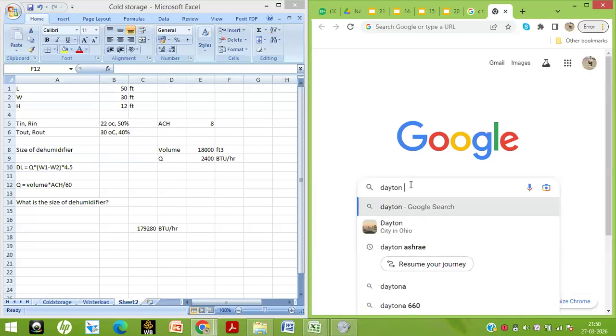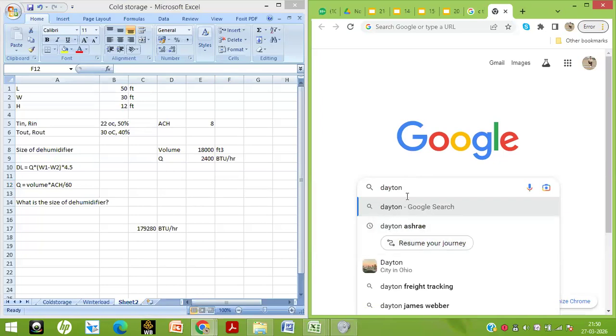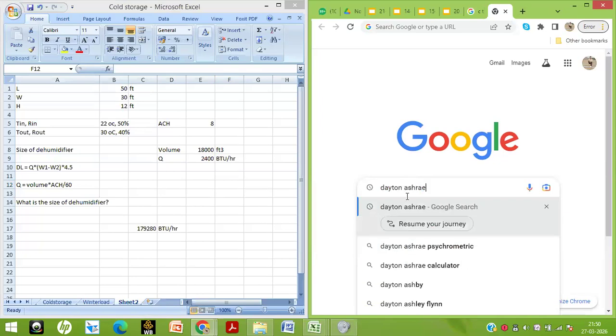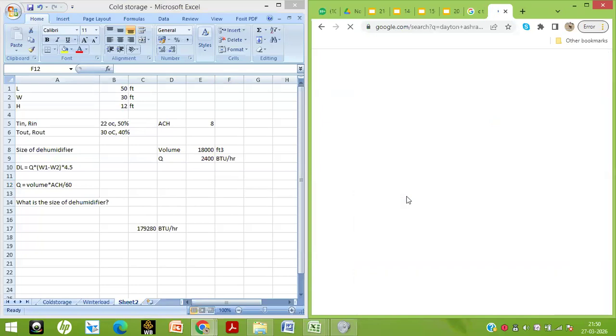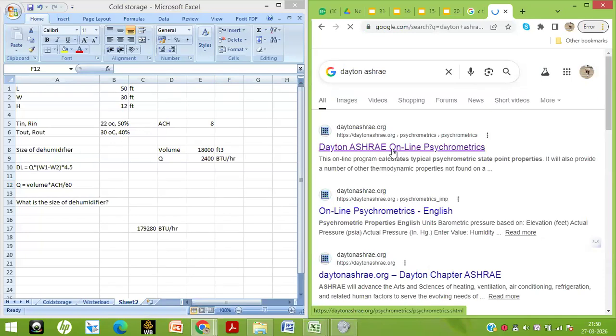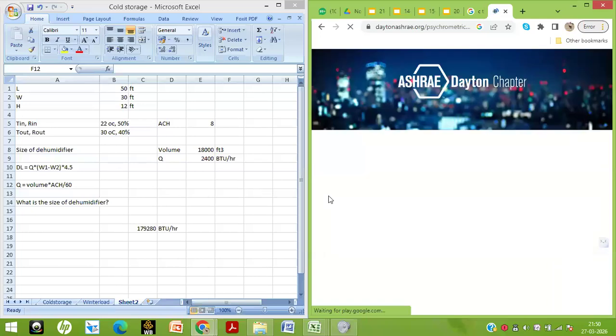For 22 degrees centigrade and 50% RH, the humidity ratio is coming at 57.8 grain per pound.